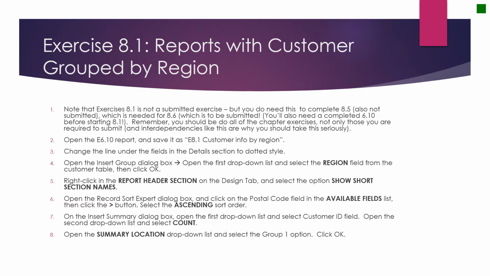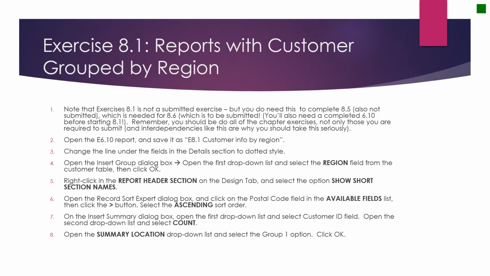We're going to cosmetically change the lines under the details section to a dotted style. We're going to add the grouping on the region. We'll add the report header section, and we will go ahead and change the sorting to sort on the postal code, but also on the country code.